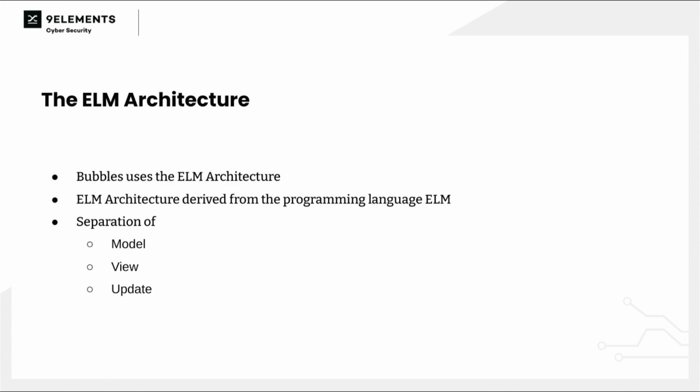Okay, I said before that BubbleT uses the Elm architecture. And what is the Elm architecture, or what does that mean? Elm architecture essentially separates the model from the view and from the update process.